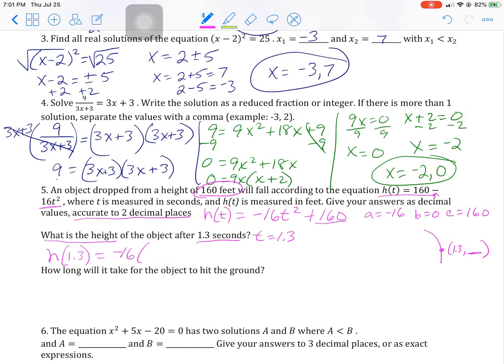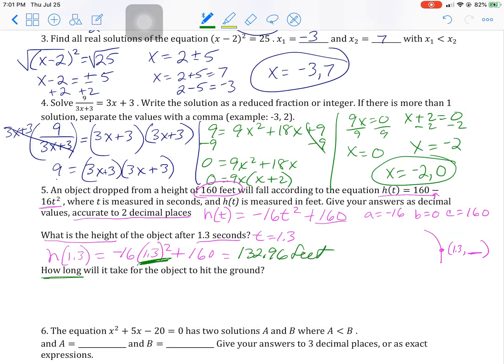So negative 16 times 1.3 squared plus 160. And remember, order of operations says find the square first, then multiply by negative 16, and you should get 132.96 feet. Right? We want a height in feet.